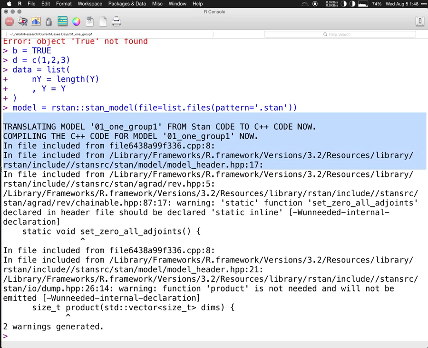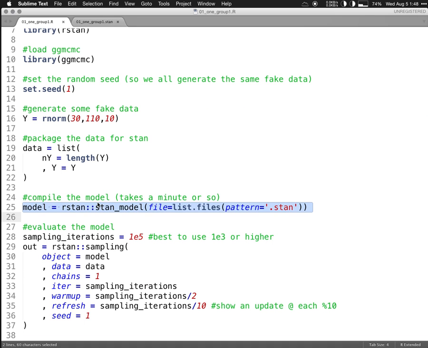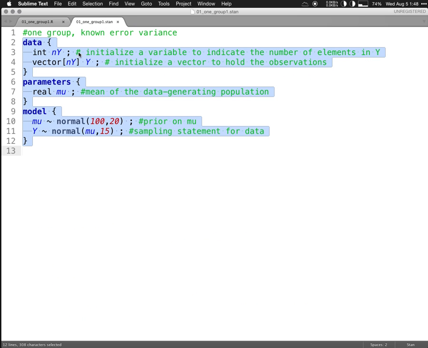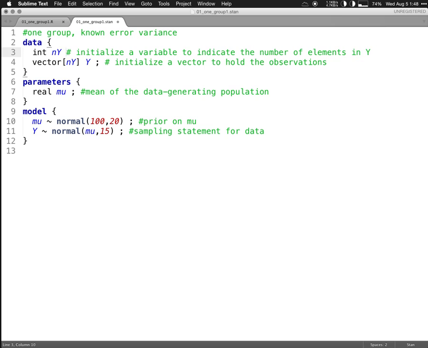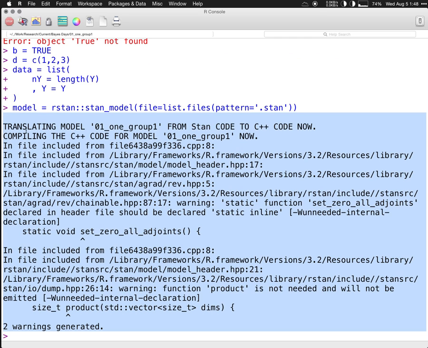So one thing, when we compile these models, very often we'll get these warnings. If you've done something wrong in your model, like forgotten to put a semicolon or used a command it doesn't understand, it's going to give you an explicit error very quickly so that you can deal with it and try to recompile.